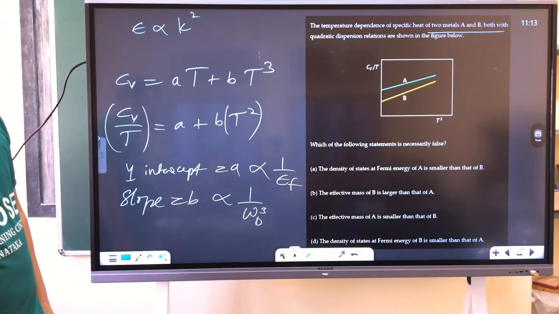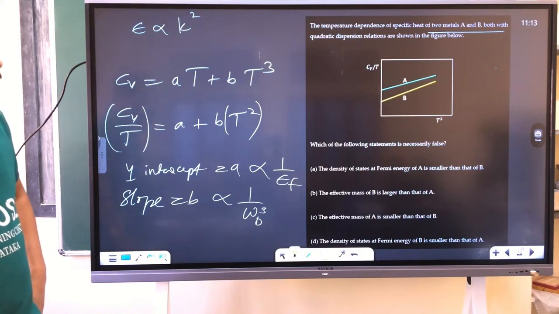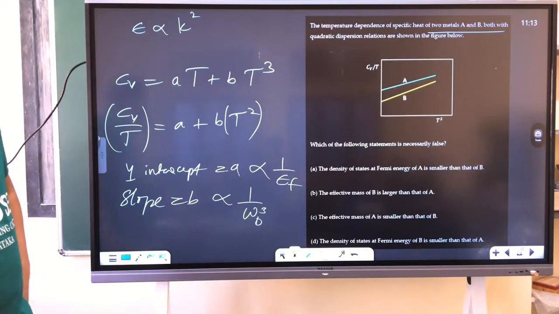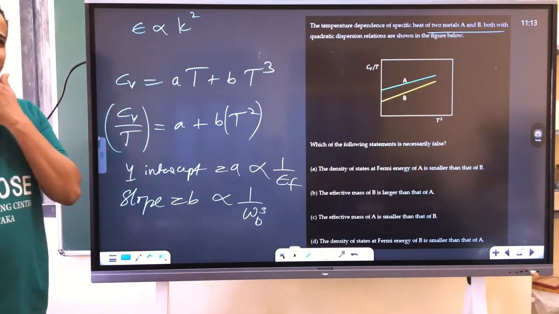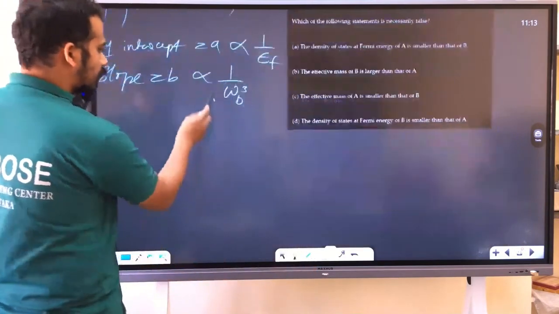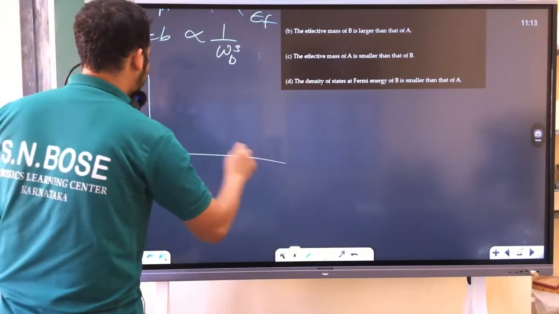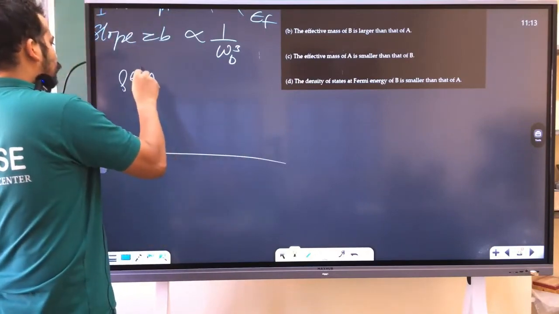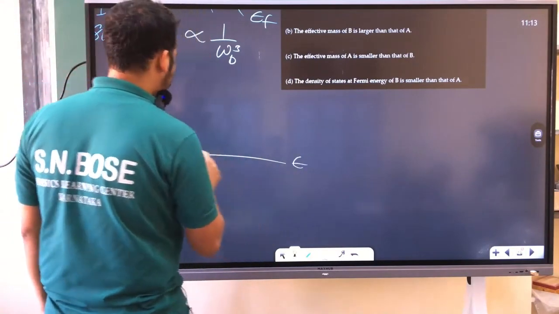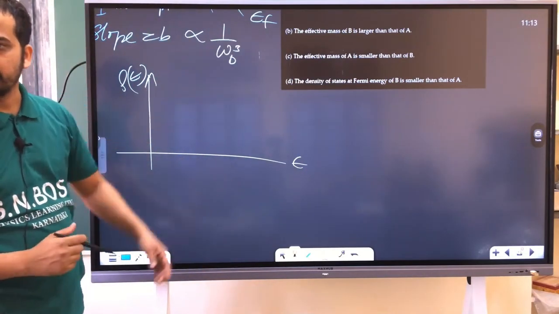The density of state at Fermi energy of B is smaller than that of A. I don't exactly remember, but rho of E versus E is root E, the usual non-relativistic case in three dimensions.